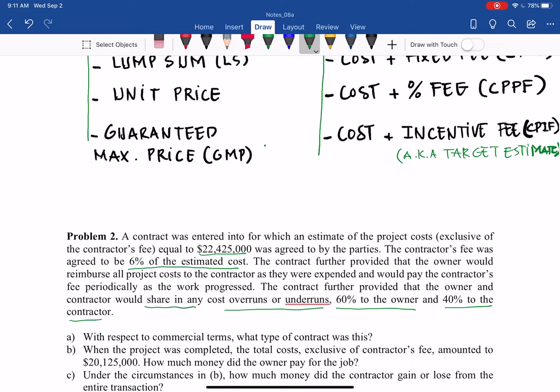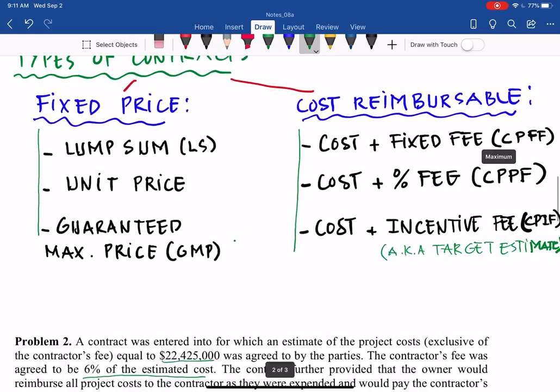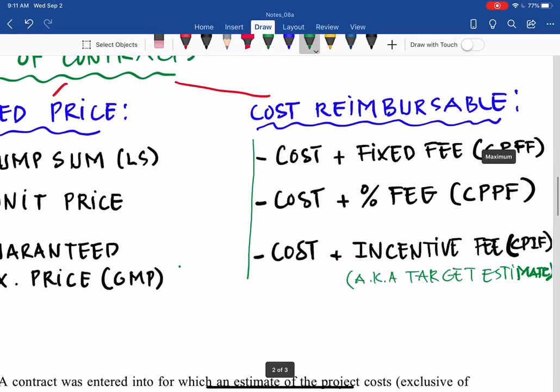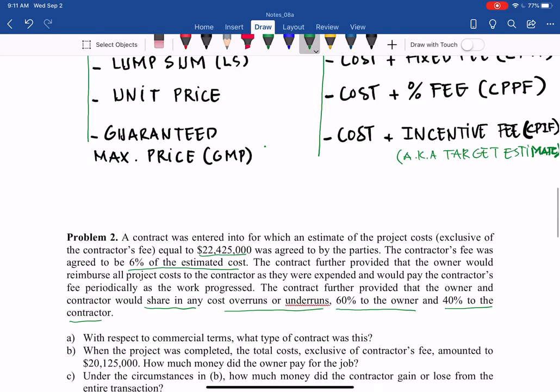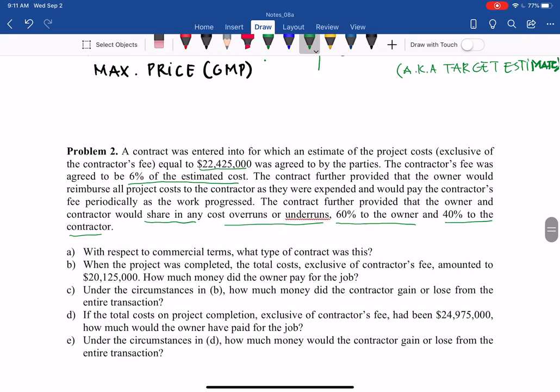The owner would reimburse all project costs. So it means that it belongs to cost reimbursable. So it is either CPFF, CPPF, or CPIF. And then I suggest you stop here, think, apply, and see what type of contract you think applies in this scenario before we move on to watch the video.